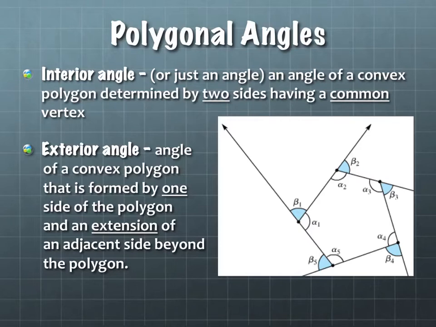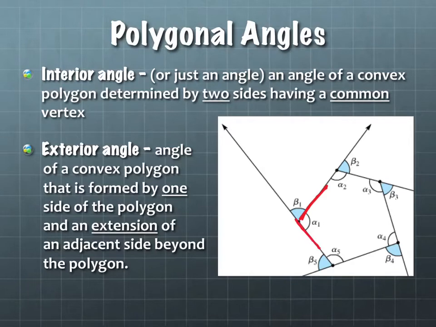And then exterior angles are a little different. So notice the exterior angle is not like right here all the way around. It doesn't do that. That's not the exterior angle. So be real careful that you're not thinking that. An exterior angle is an angle that is formed by one of the sides of the polygon. So if I'm looking at this one right here, it's this side of the polygon, and then it is the other side extended out.